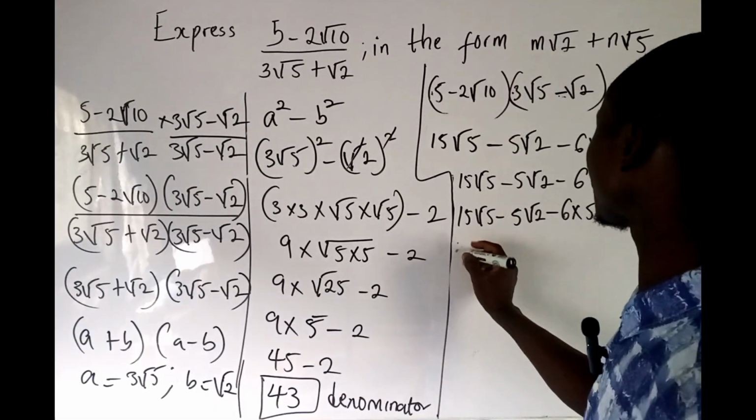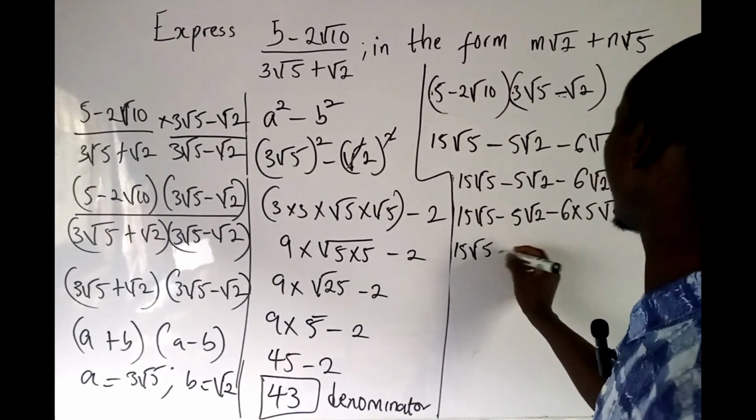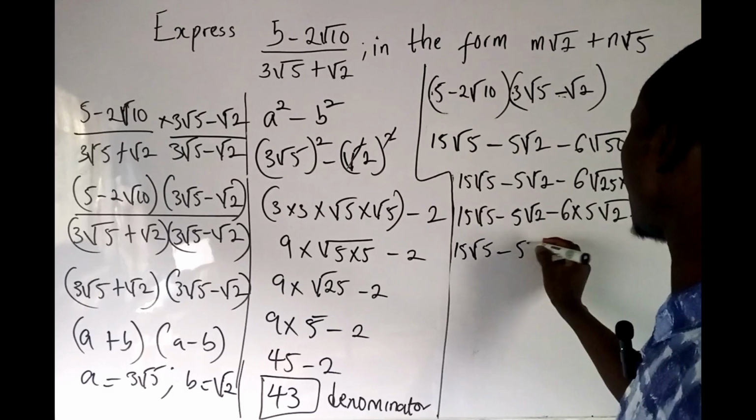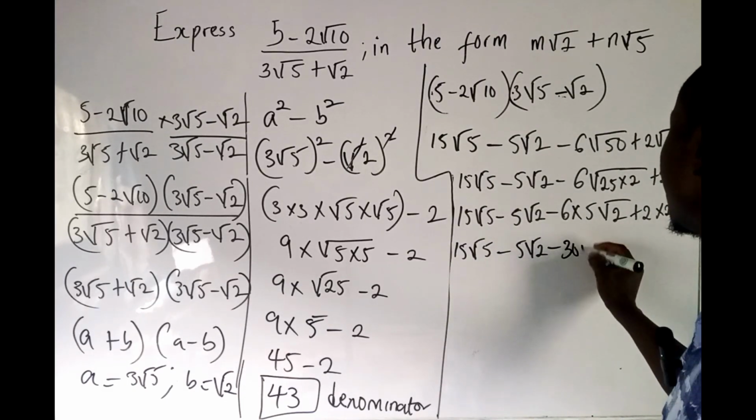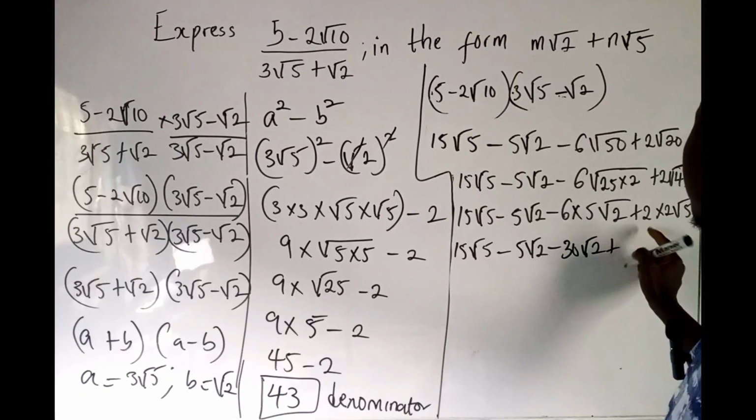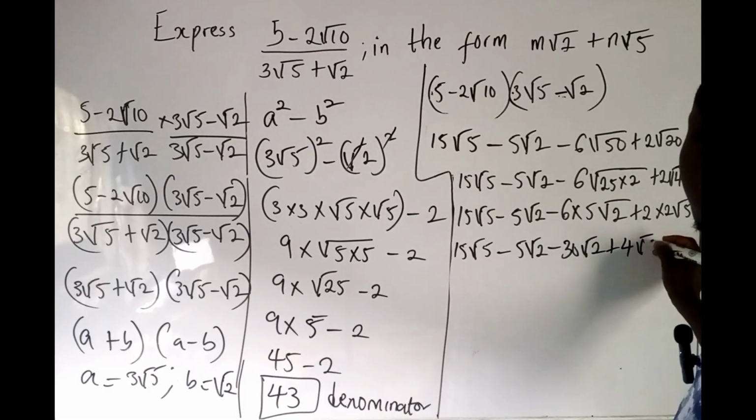Now we solve for that: 15 root 5 minus 5 root 2, minus 6 times 5 gives us 30 root 2, plus 2 times 2 is 4 root 5.